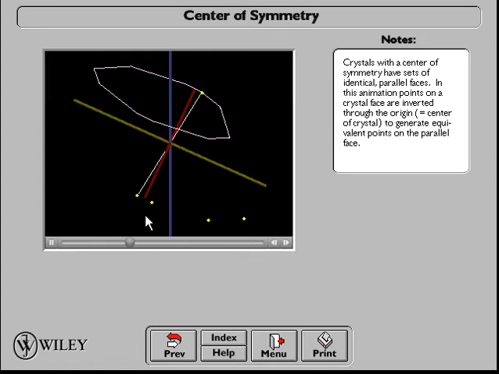And then we have an inverted crystal phase through the center of the symmetry on the other side. So, and here it is.